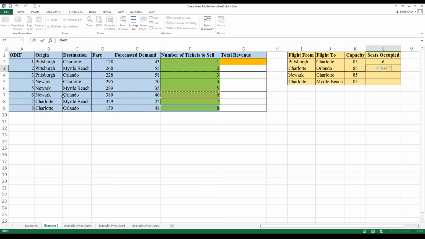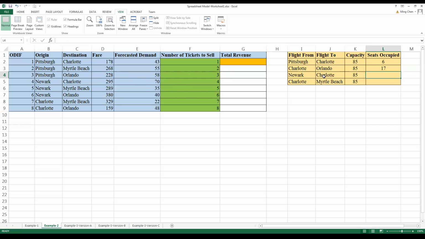The ones going from Newark to Orlando will go to Charlotte first, then take a flight from Charlotte to Orlando. So those people will be sitting on this flight as well. Plus the ones going from Pittsburgh to Orlando. The ones going from Pittsburgh to Orlando will go from Pittsburgh to Charlotte first, then from Charlotte to Orlando. So these 3 groups of people will be sitting on the same flight, going from Charlotte to Orlando. So it will be 17 passengers based on our initial solution.